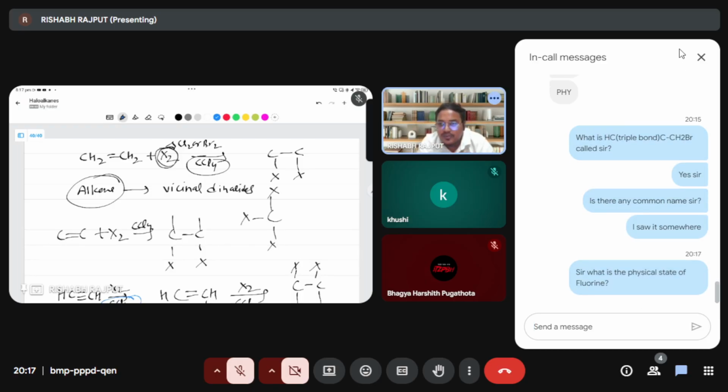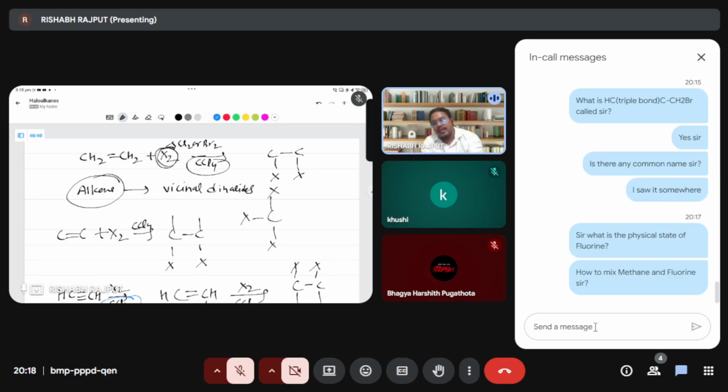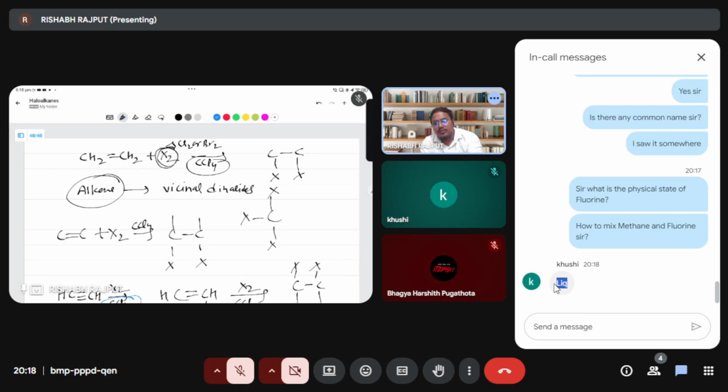What is the physical state of fluorine? Normally it's a gas. At room temperature, it is a gas. How to mix fluorine? It depends on how you are doing it.